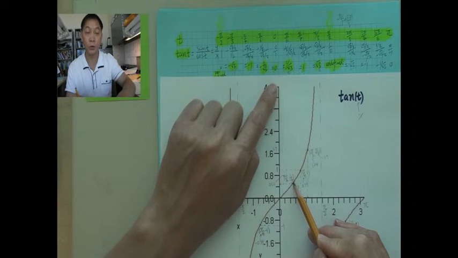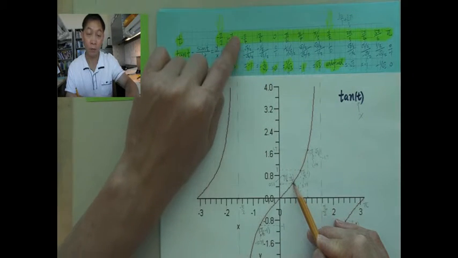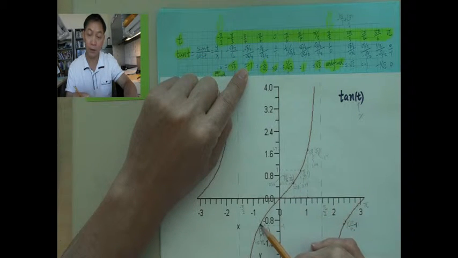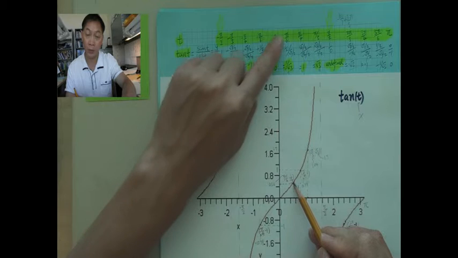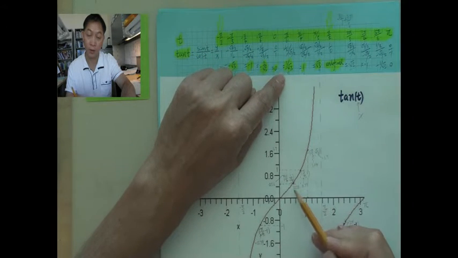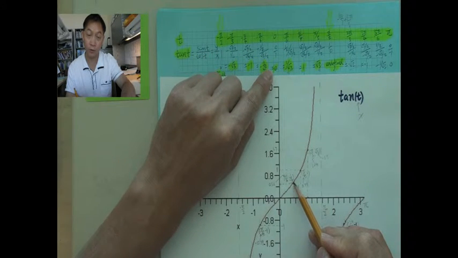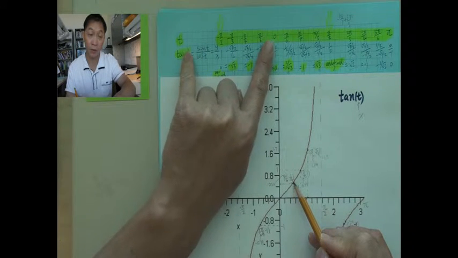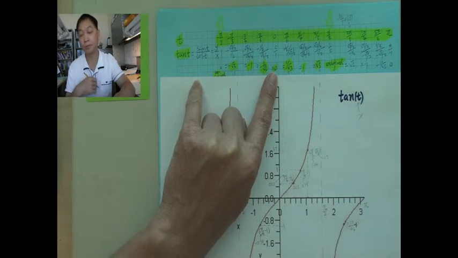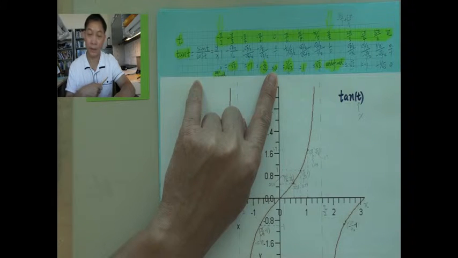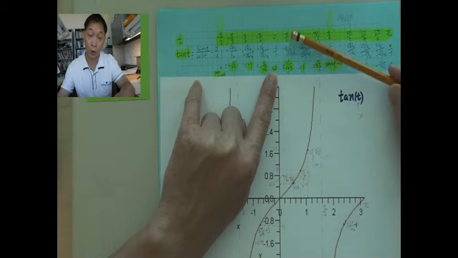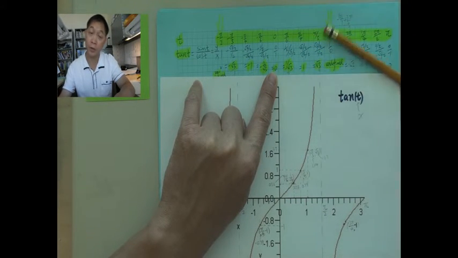So we reviewed negative pi over 4 and -1, and pi over 6 and 1 over radical 3. Of course, when x is 0, tangent is 0. You may wonder how come tang pi over 6 is 1 over radical 3?